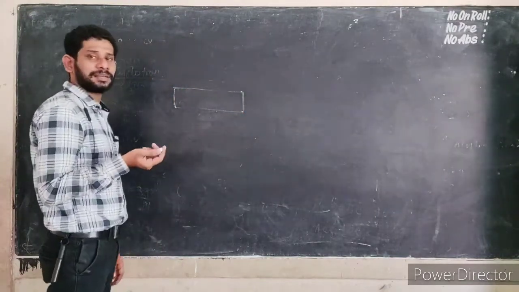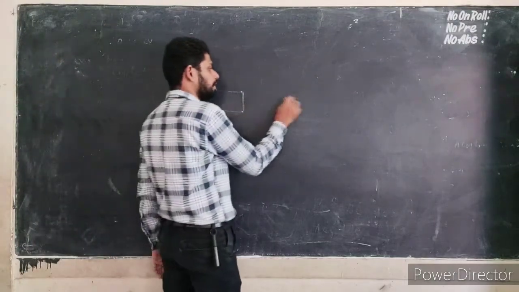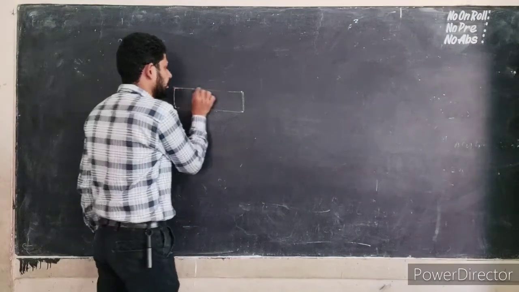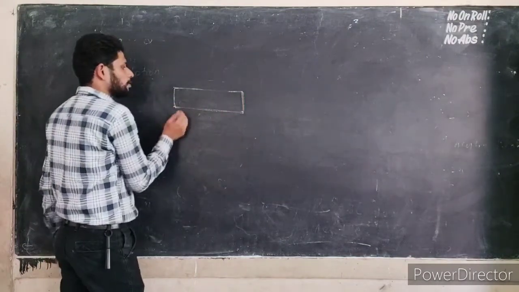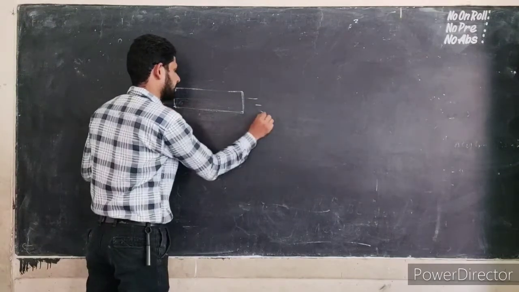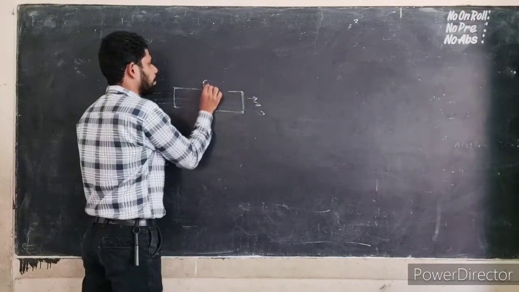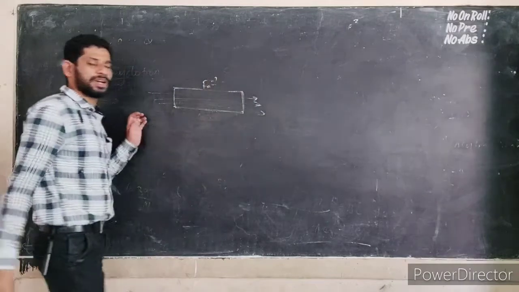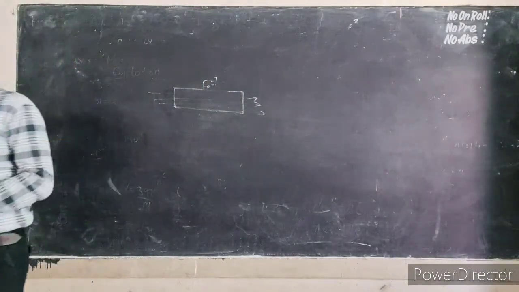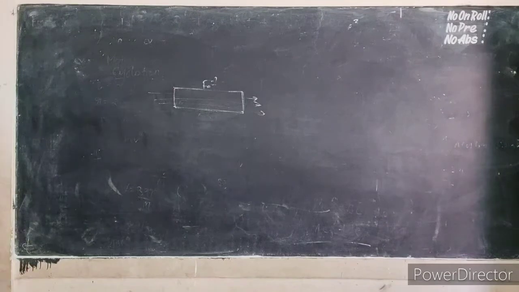Current is nothing but the amount of charge passing through the cross section area per unit time. So when the current carrying conductor is placed in a uniform magnetic field, what is the force exerted on this current carrying conductor?